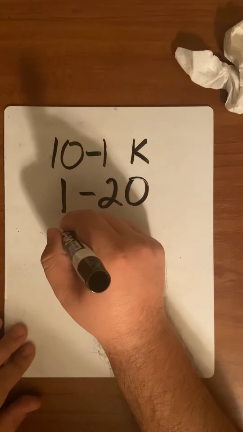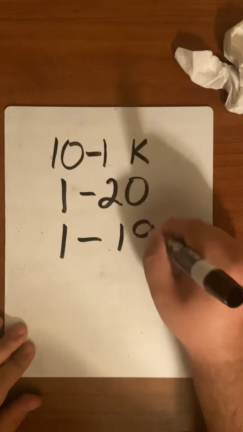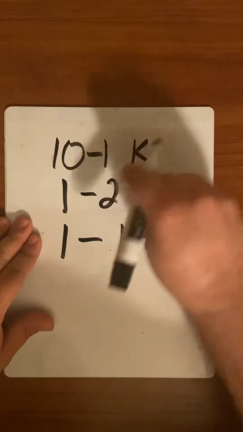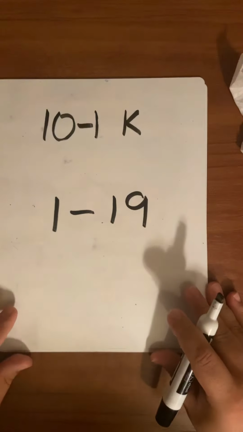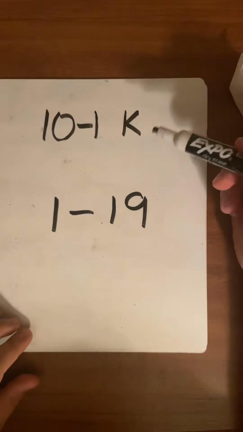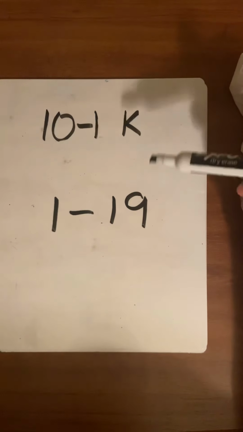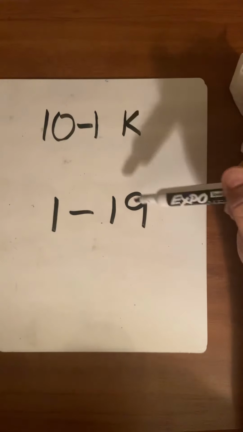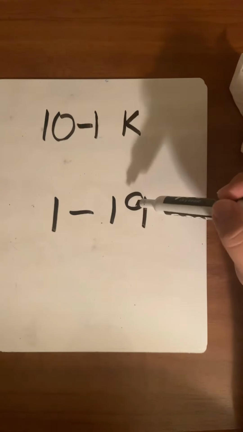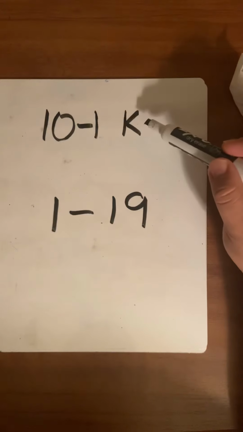Really, it is only 1 through 19. Let me correct myself. On your Google Classroom, there's going to be an answer document. You're going to have to go in there. It has 20 blanks. 1 through 19 is strictly coming from 10.1K.